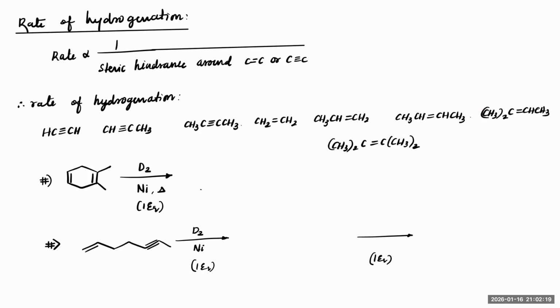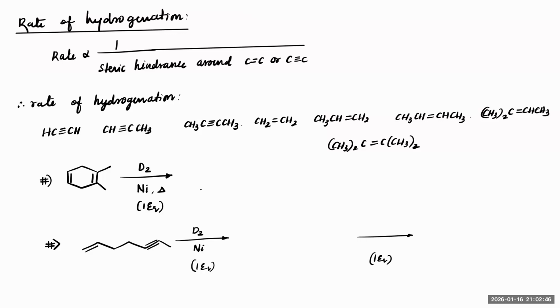Let's continue further. If you want to notice what would happen to the rate of hydrogenation, hydrogenation mainly depends upon the steric hindrance. If across the double bond or a triple bond, you have a huge crowding of alkyl groups, then it becomes difficult for it to adsorb on the metal surface or come close to the metal surface.